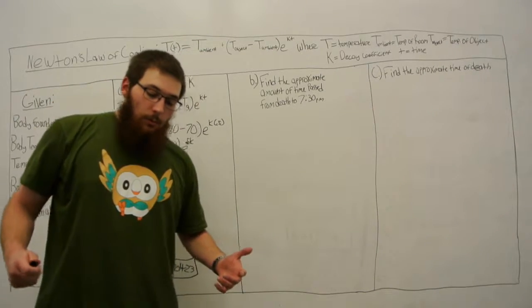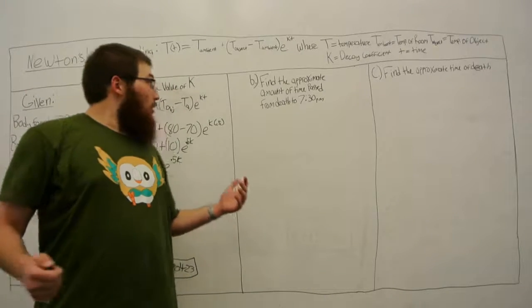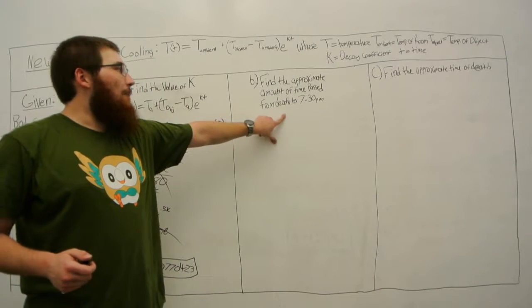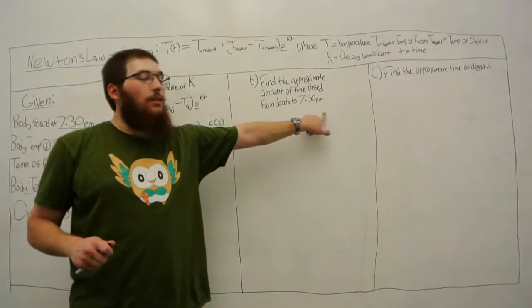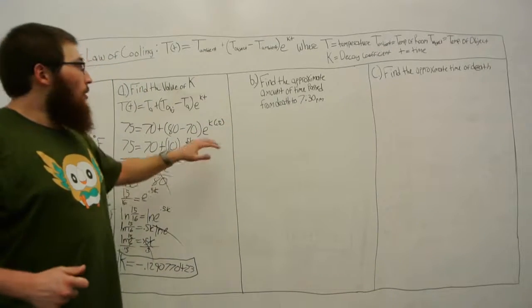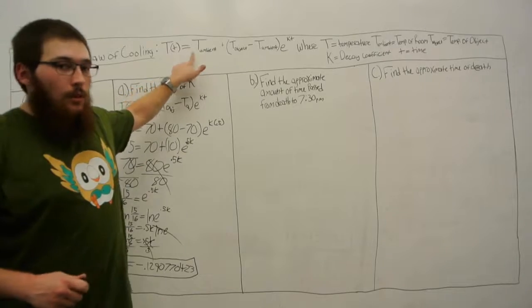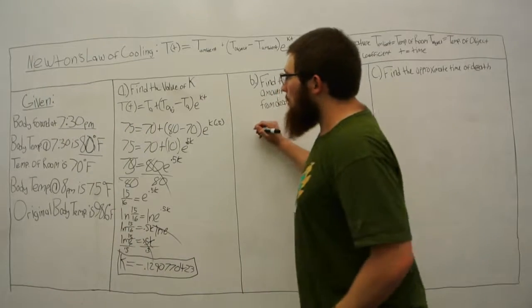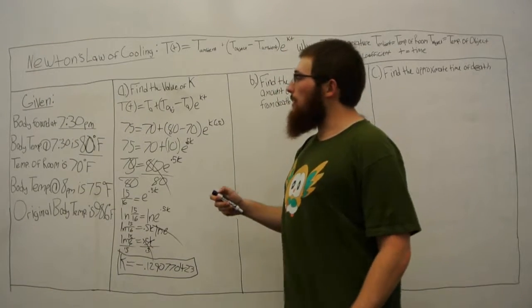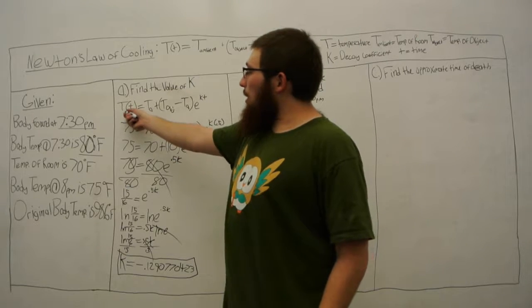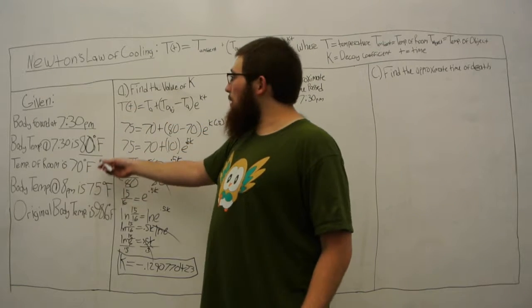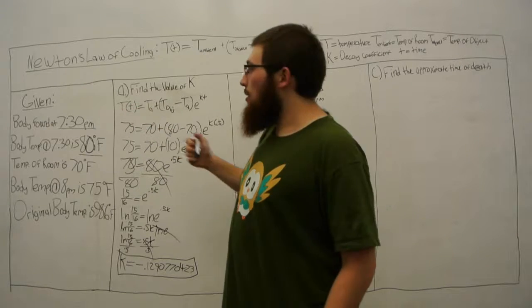Now, we have to find the approximate amount of time passed from death to 7:30 p.m. Once again, we are going to be using Newton's law of cooling. What we're going to be doing differently this time, though, instead of this being the temperature at 8 p.m., we're actually going to use this at 7:30.